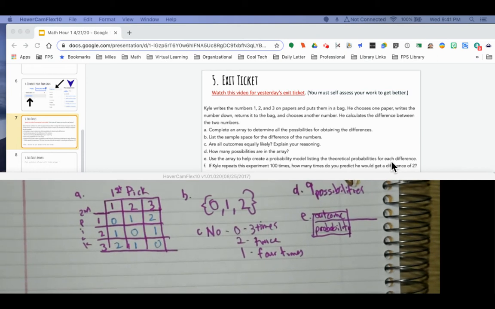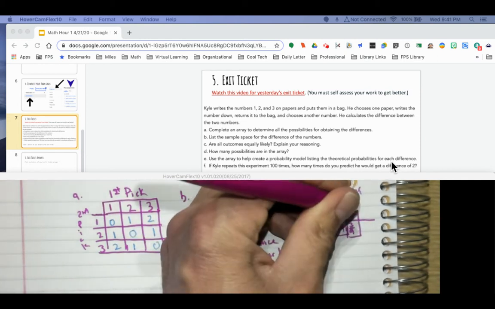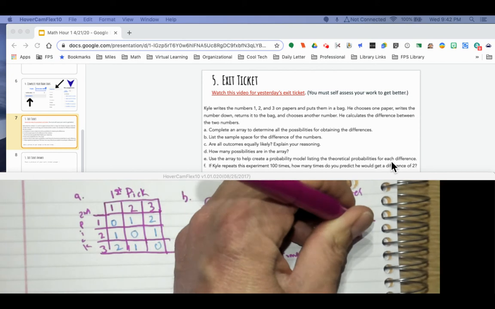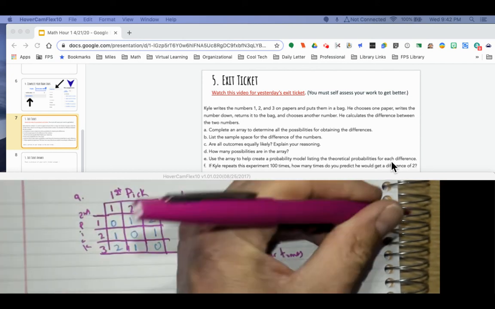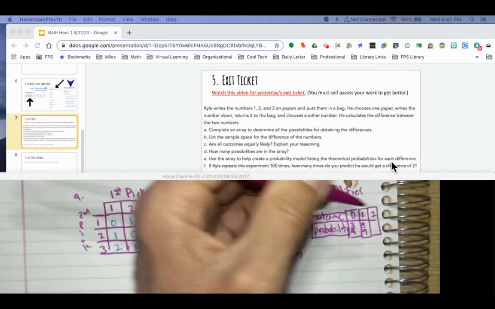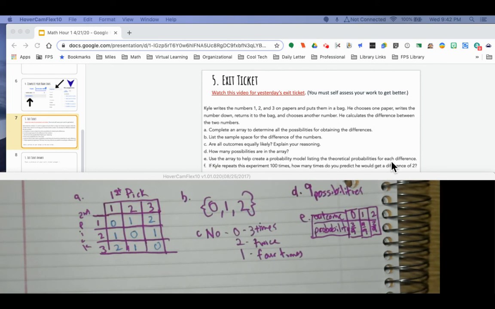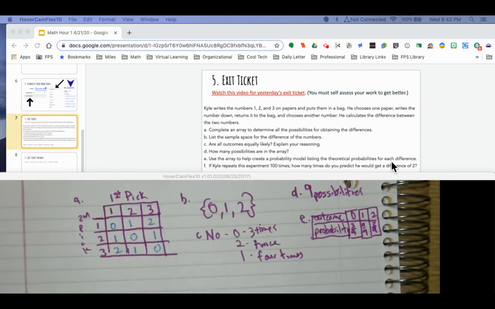I could have 0, and 0 would be a 3 out of 9 or 1/3 possibility. I could have 1, and that would be a 4 out of 9 possibility or probability, or I could have 2, and 2 would be a 2 out of 9 probability. And so that's my probability model. This is my array. And there we go. I got ninths because there's 9 possibilities there.